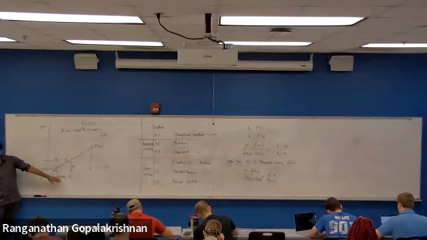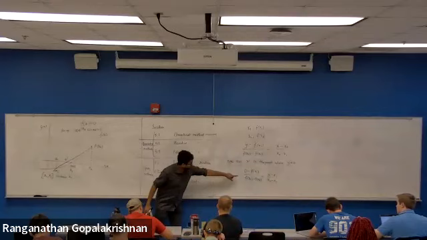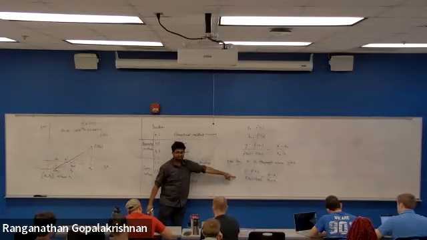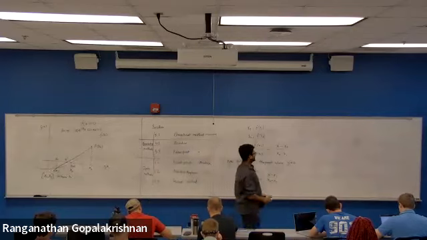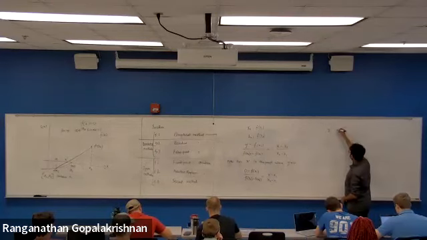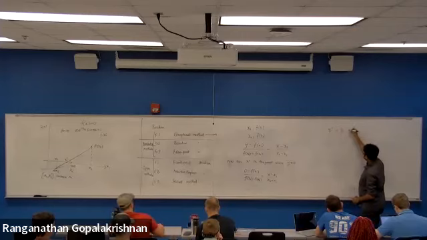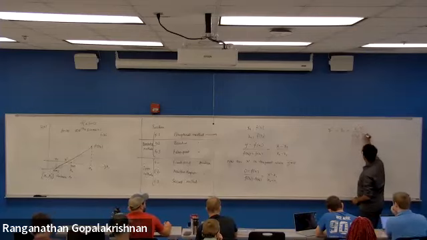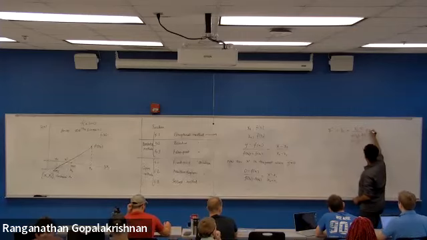If you remember this picture, swear to God, you don't have to remember this formula. If you know the concept of a straight line defined by two points, you can write this down. You don't have to remember it, that's what I'm saying. Rearrange this to get x dash. x dash is x1 minus (x2 minus x1) divided by (f of x2 minus f of x1) times f of x1.